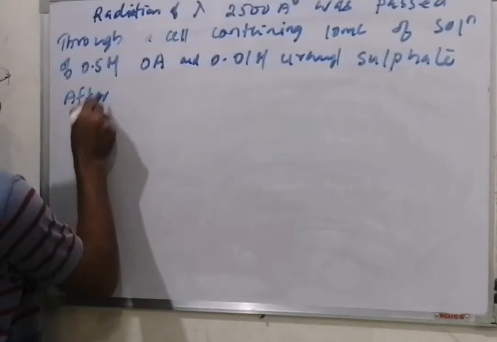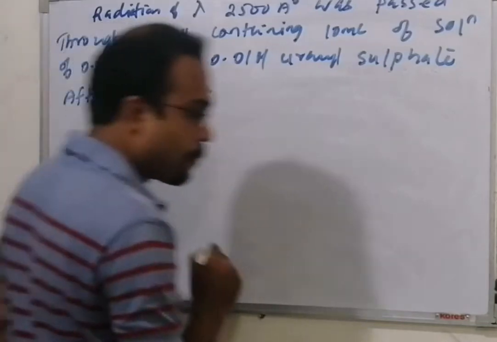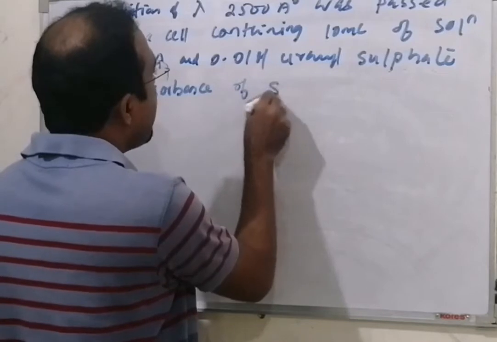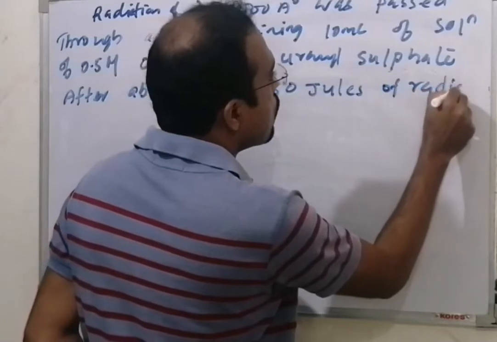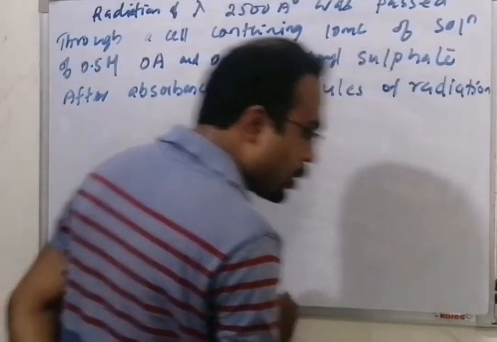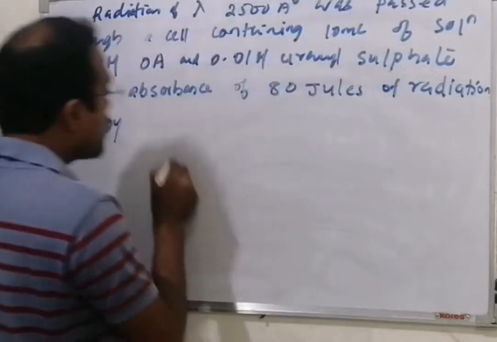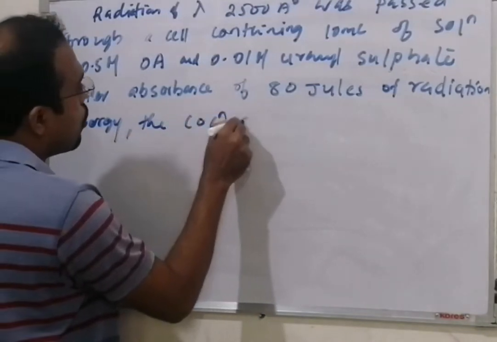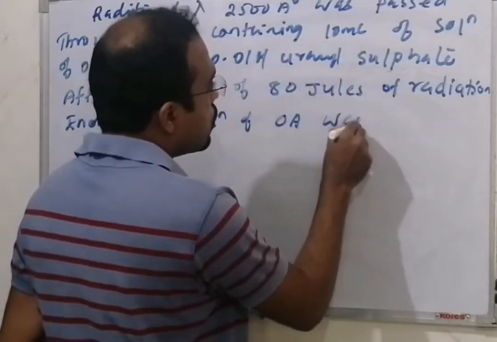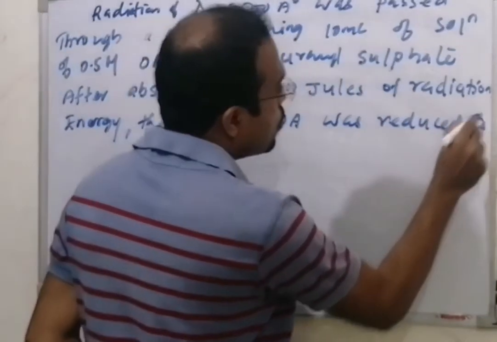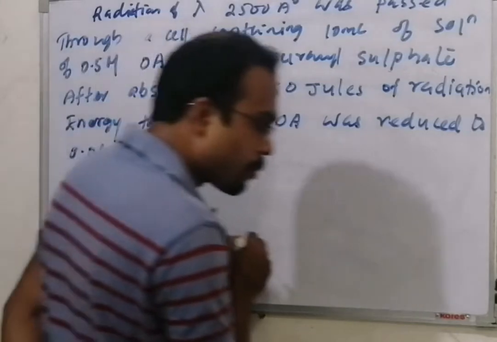After absorbance of 80 joules of radiation energy, light energy, the concentration of oxalic acid was reduced to 0.04 molar.